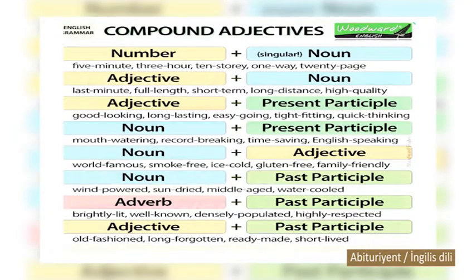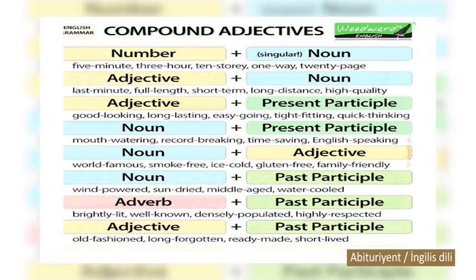Then adjective plus noun: last-minute, full-length, short-term, long-term, short-distance, long-distance. Adjective plus present participle: good-looking, long-lasting, easy-going, tight-fitting, etc. Noun plus present participle: record-breaking, time-saving.